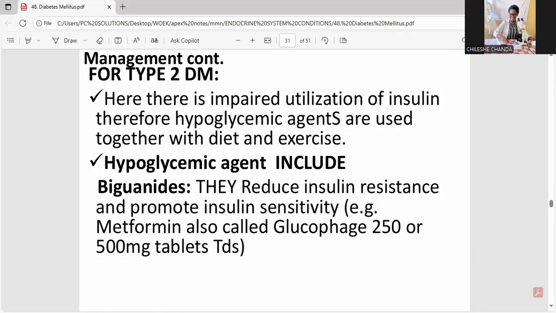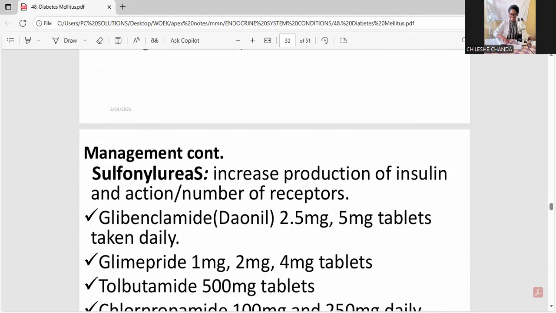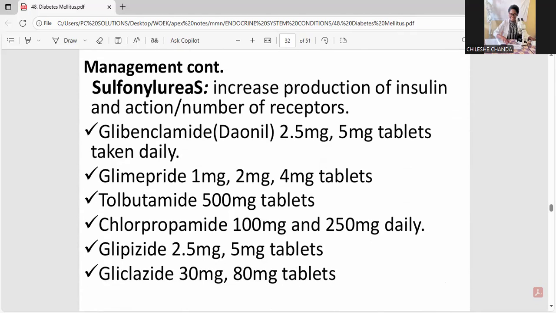You're going to give this depending on the prescription at 250 or 500 milligrams TDS. And then you can also give sulfonylureas, which increase production of insulin and action. One example of a sulfonylurea is glibenclamide. The common name for glibenclamide is Daonil, and you're going to give this drug at 5 milligrams daily.